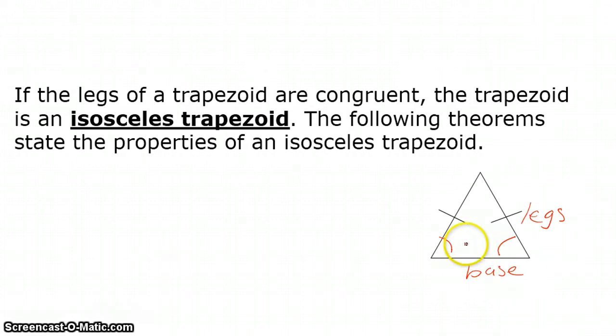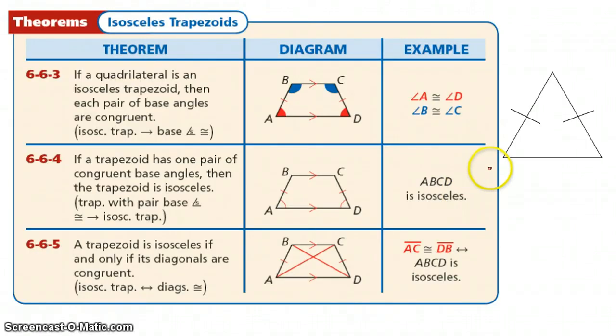So now we're going to take a look at our theorems that go along with our isosceles trapezoid. So here's my isosceles triangle. Again, let me go ahead and draw our base angles in there. Now think about if I were to draw a line parallel to my base.